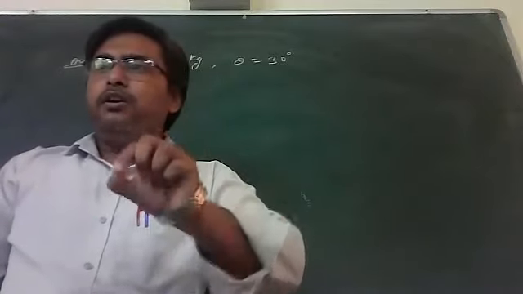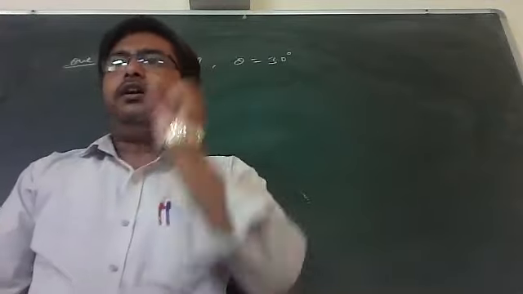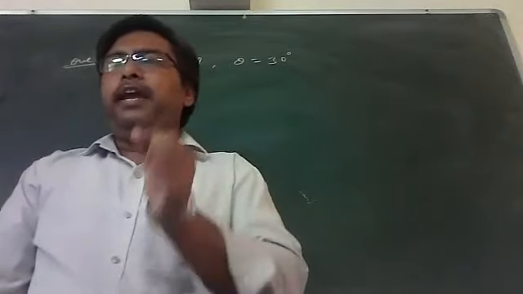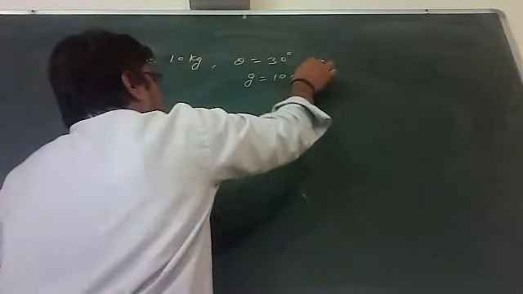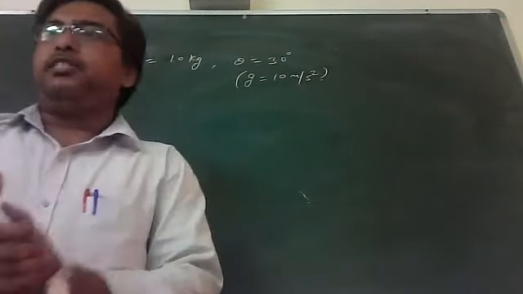Resolve the weight along and perpendicular to the plane. Given small g is equal to 10 meter per second square.